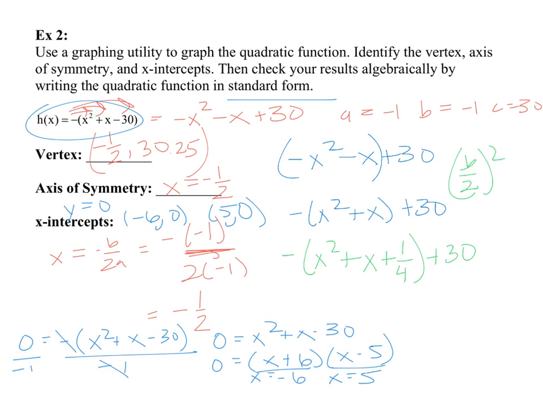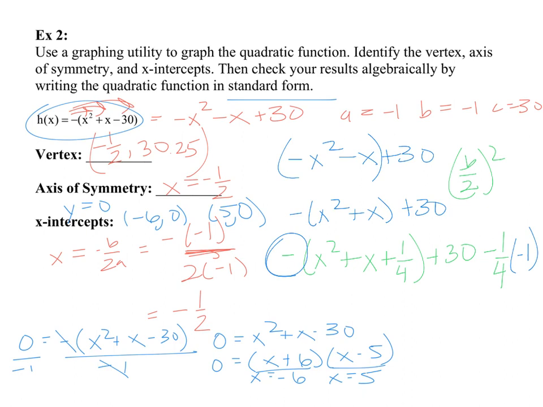But you can't just randomly add something to an expression without changing the quantity. So in order to maintain the equality of the expressions, I need to also subtract 1/4. But we also have this value out here, the a value that we factored out, which is negative. So I have to multiply the negative 1/4 by that as well.